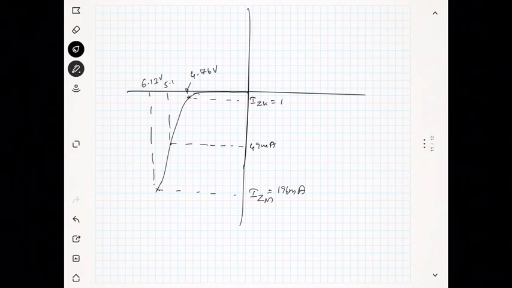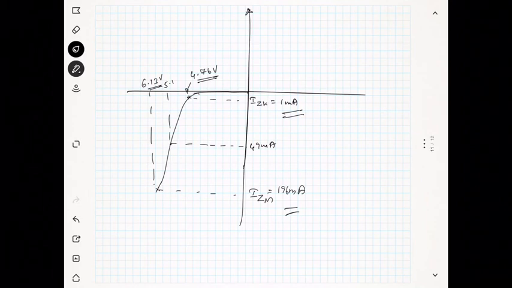You see here there is a large variation of the current from 1 milliampere to 196 milliampere, while the voltage is changing from 4.76 to 6.13. It is a very small change. That means we can regulate the voltage by using the Zener diode. So that's why Zener diode is mainly used in voltage regulator applications.